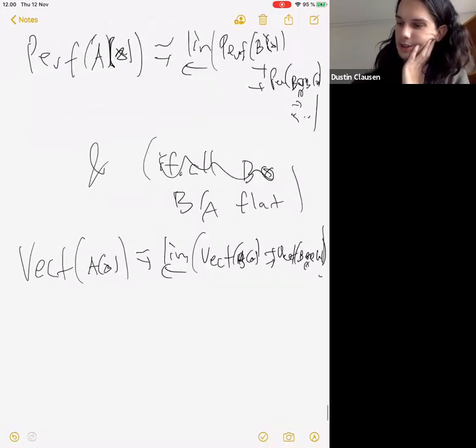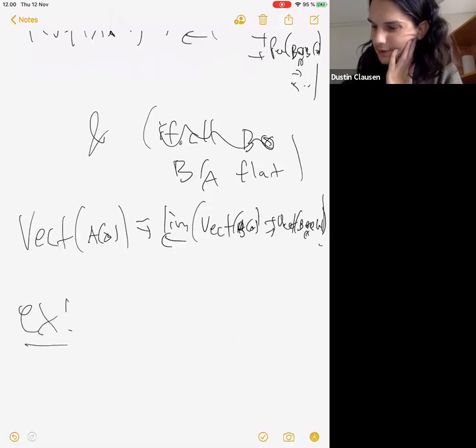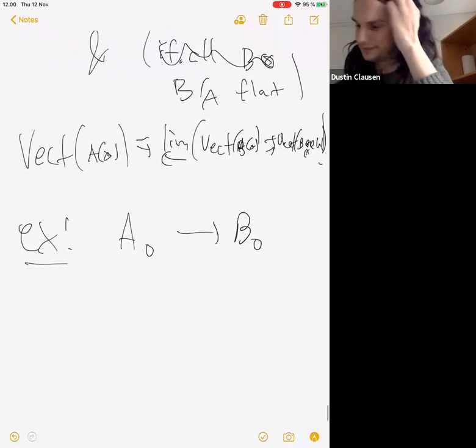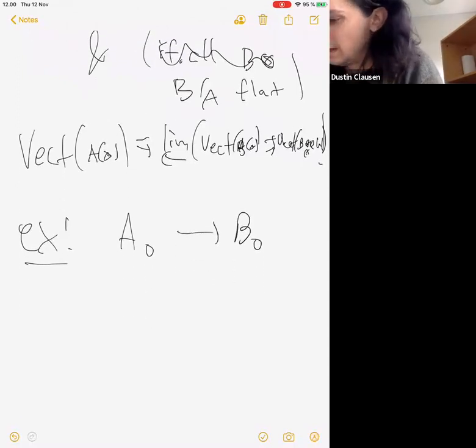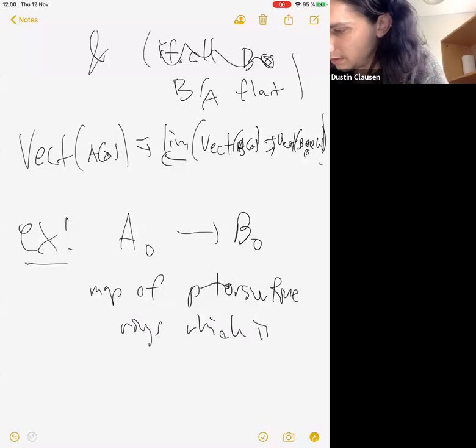So the main example of this is, if you're given an A_0 mapping to B_0, a map of p-torsion-free, p-complete rings, which is flat mod p.